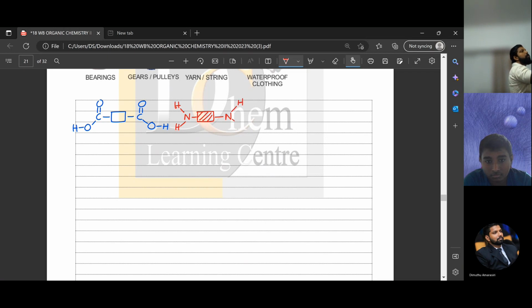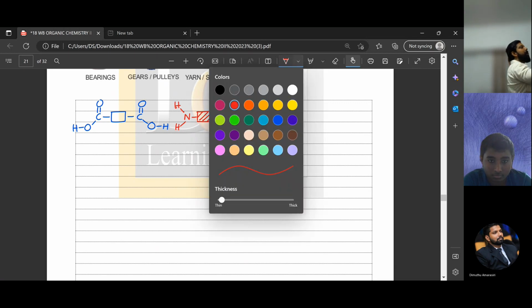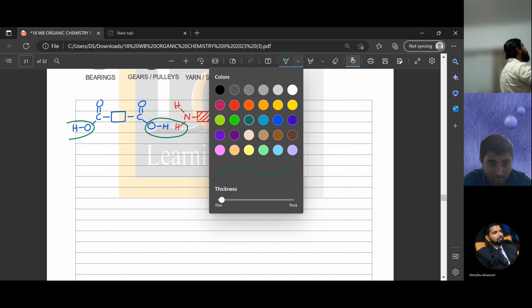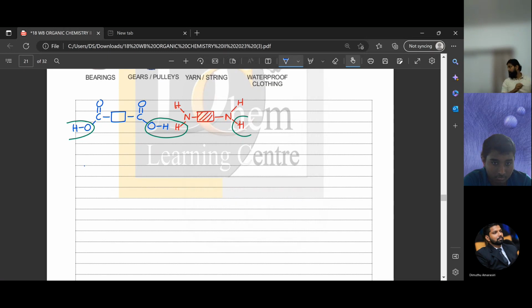Now, they also can do a condensation reaction. How? OH and H go. This side, OH goes. That side, H goes. Right?